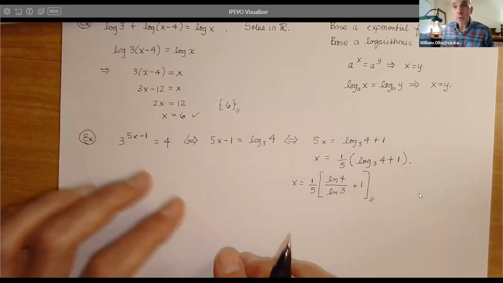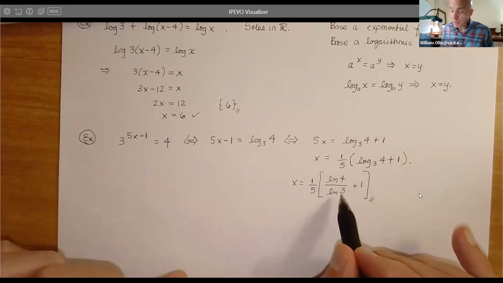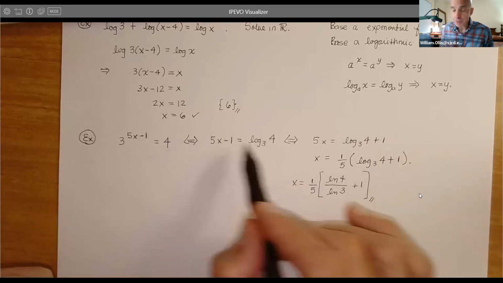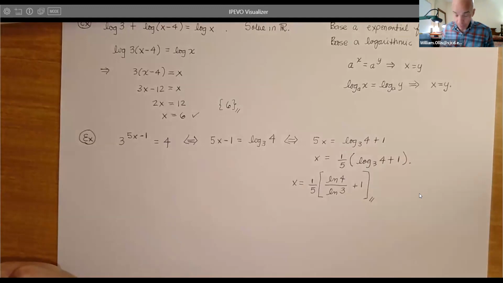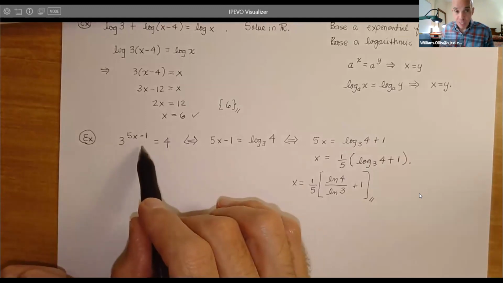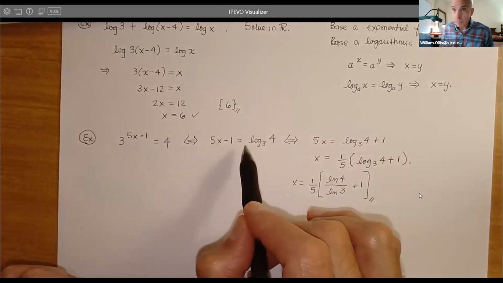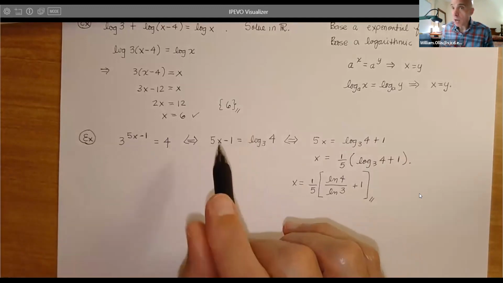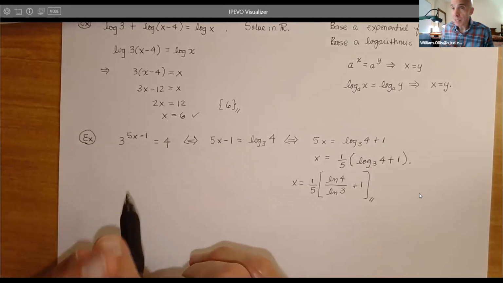And so that would be useful to us, and that would have been the answer had you just taken natural logs. But I want you to be adept at going from the exponential form to the logarithmic form, always, because that is the definition of the logarithm. What is a logarithm? A logarithm is a power of the base.